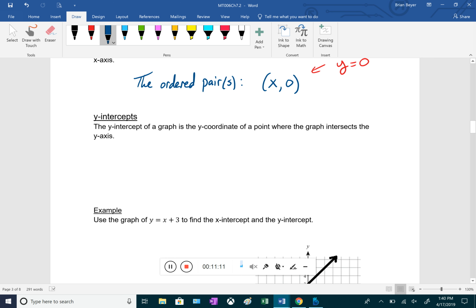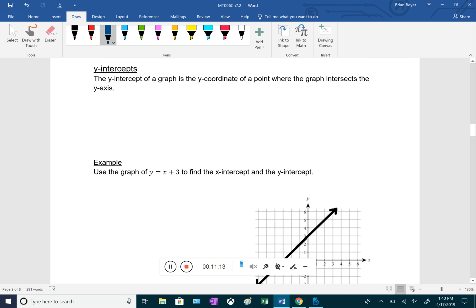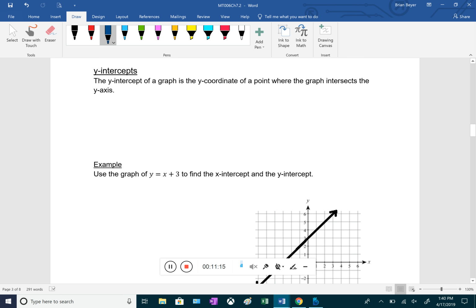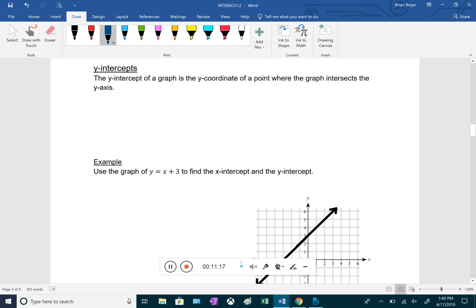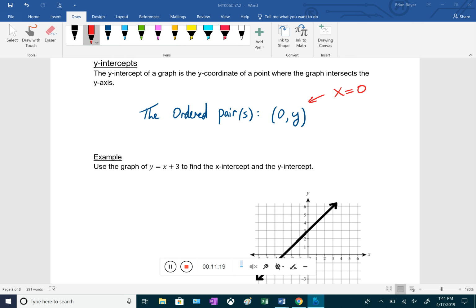And then the y-intercept is the y-coordinate where it intersects the y-axis. So it's the ordered pair 0 comma y. So x equals 0 for the y-intercepts. The x-intercept is where it's crossing the x-axis, and the y-intercept is where it's crossing the y-axis.